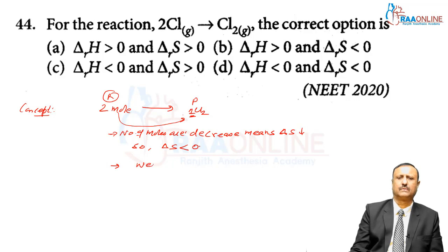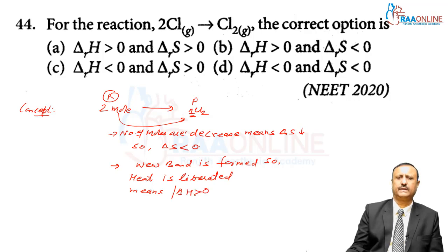Now, a new bond is formed. So, heat is liberated, which means plus Q, and plus Q means delta H is opposite, so delta H is negative, because heat is liberated.